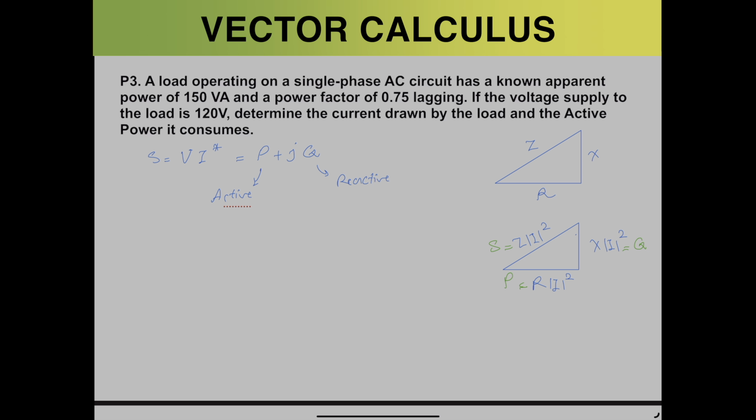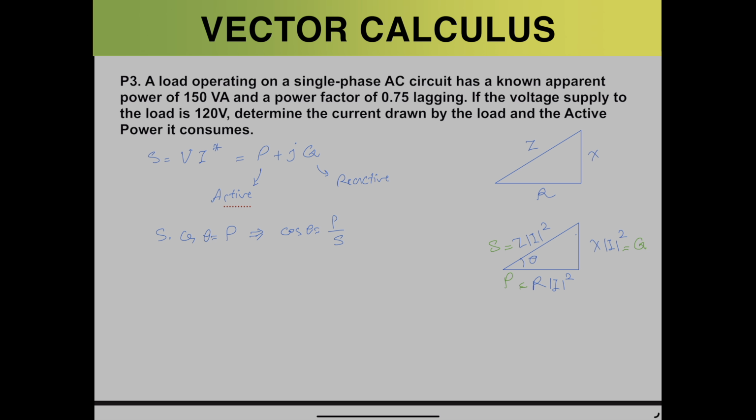So when we are talking about the angle theta, this shows that S times cos theta is P. In this case, cos theta is the power factor, and cos theta is essentially P divided by S. These are the pieces of information that we will be using to solve this question.